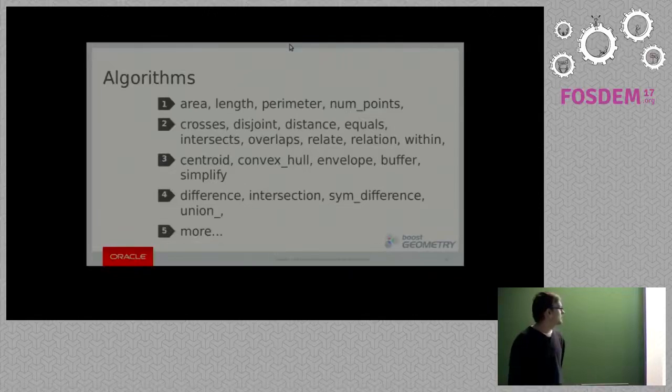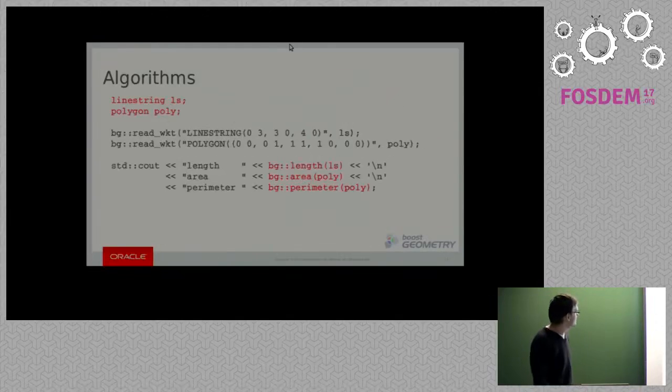Crosses, well, relational operations and distance take two geometries and either return a Boolean value or a distance value. And centroid, convex hull, and similar algorithms take one geometry and create another geometry from it. And set operations take two geometries and perform set operations, so returning the third geometry.